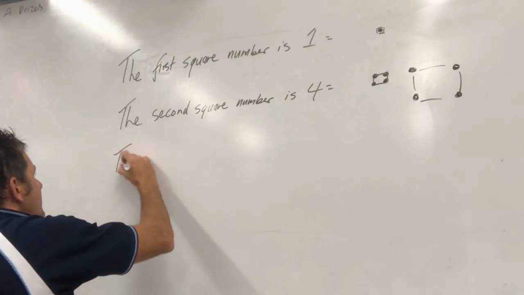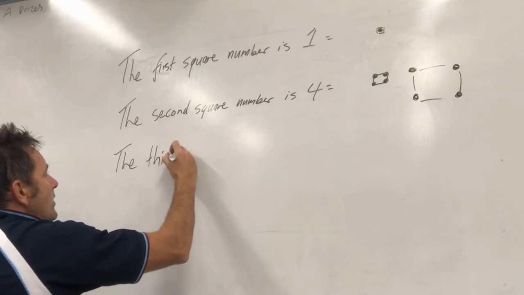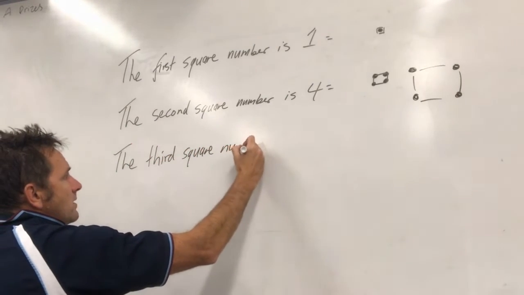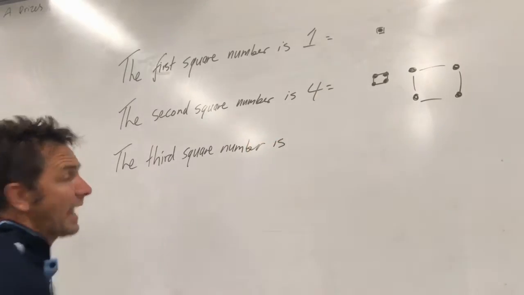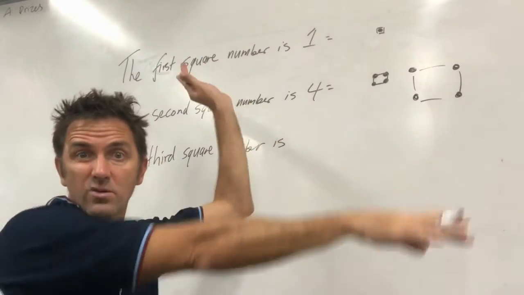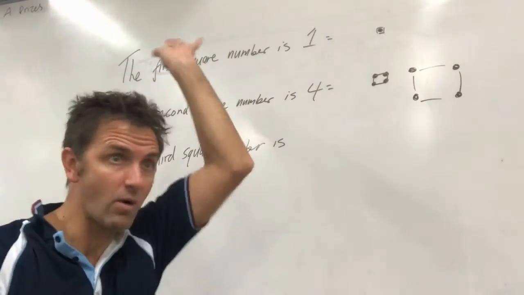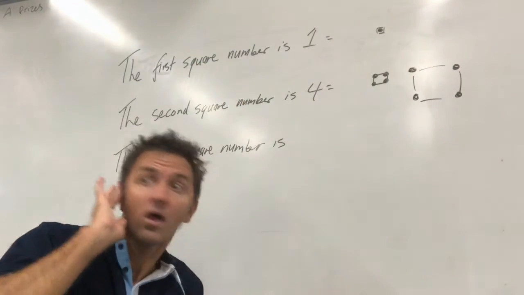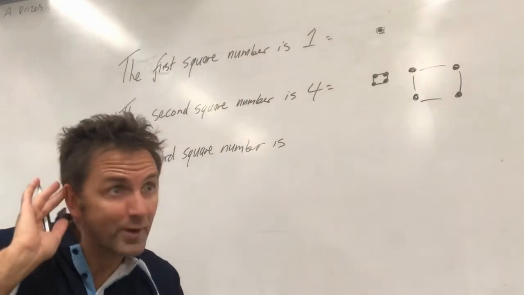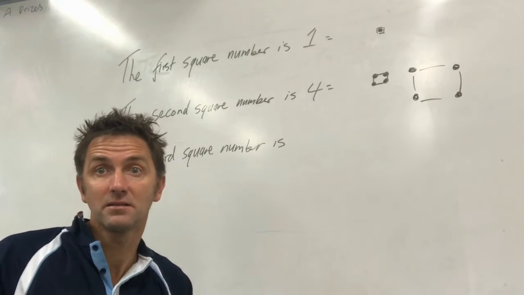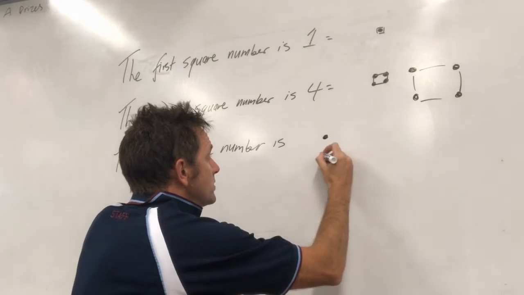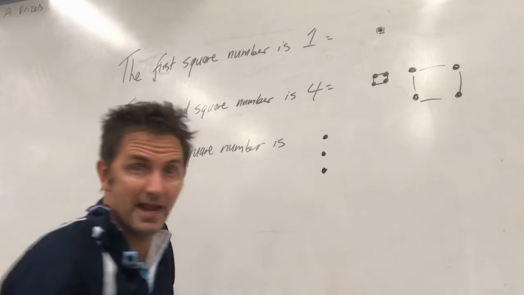The third square number is, now remember the first one was 1 up, 1 across. The second one was 2 up, 2 across. The third one is going to be how much up? 5. No, 3 up. And how many across? 3. Right, so let's do that. 3 up. 1, 2, 3. And how many across?